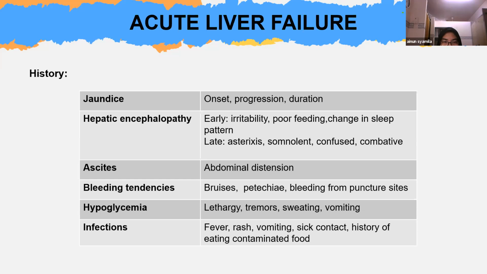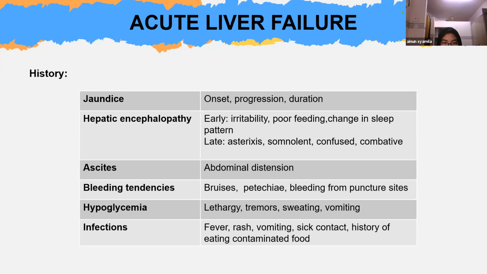For hepatic encephalopathy, we can ask if there is any irritability, or in younger children, poor feeding, or in late presentation, confusion or aggressive behavior. Also ask about abdominal distension to rule out ascites, bleeding tendency features such as bruises, petechiae, and bleeding, and hypoglycemic symptoms such as lethargy, tremor, sweating, and vomiting.